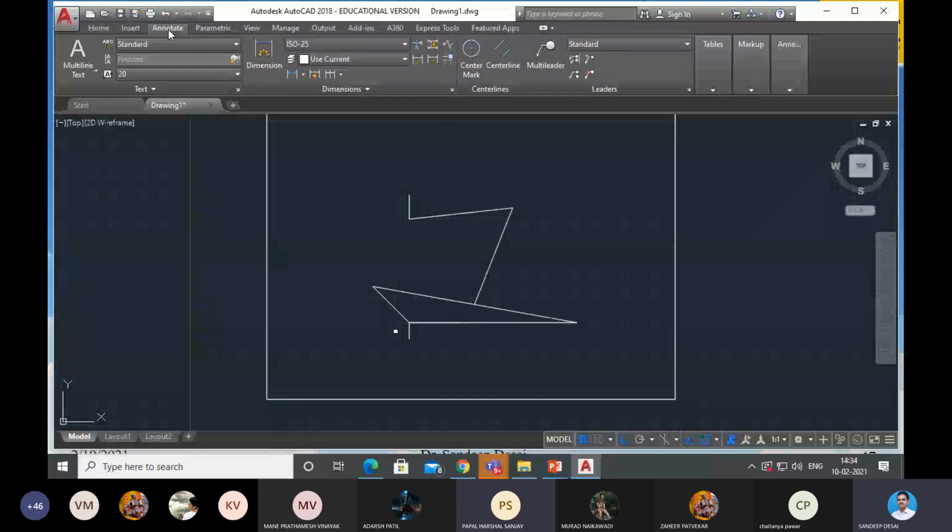Yes, sir. Don't consider this line and this line. These are just to indicate that these are two fixed points. That's it. We have completed the given configuration diagram.